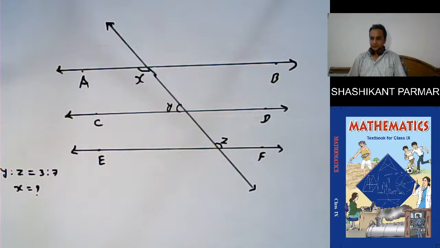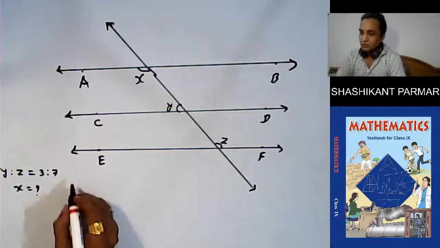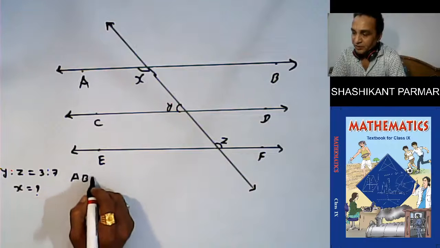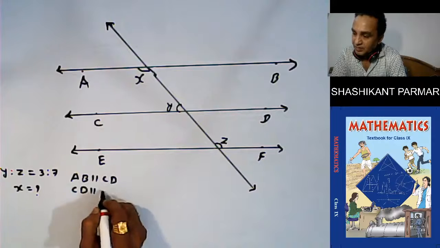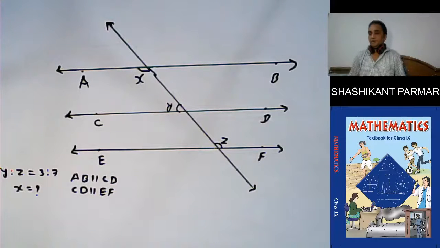Okay. What we have given: AB and CD are parallel, CD and EF are parallel.